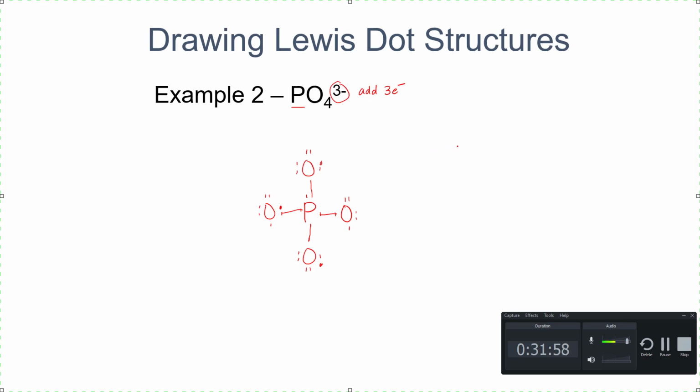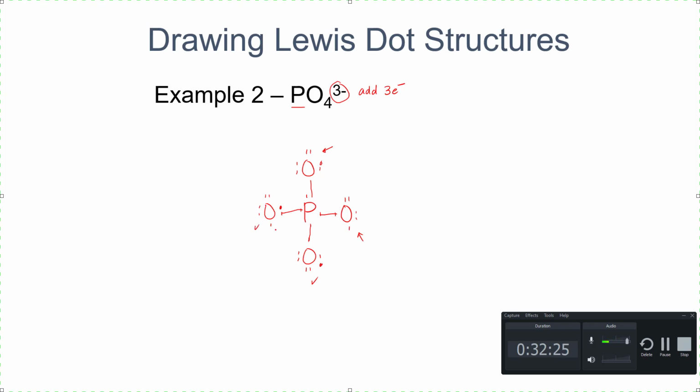So now I've formed the single bond. Now what I want to do is form double bonds to make sure everything has a full octet. If I start with this oxygen up here, it has a full octet. This oxygen down here does not. This oxygen over here does have a full octet. And this oxygen over here has 2, 4, 6, 8. It also has a full octet.